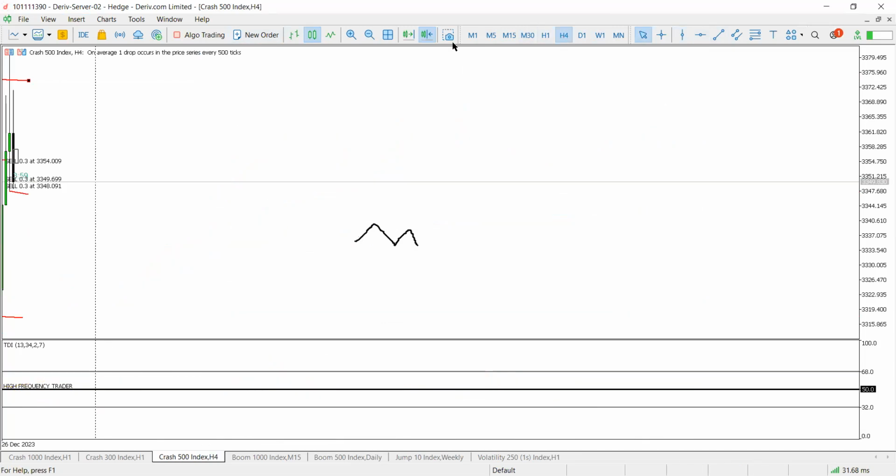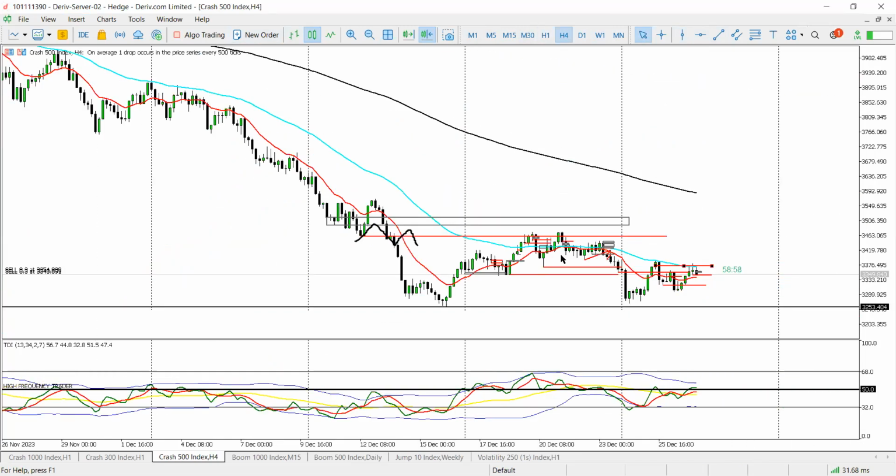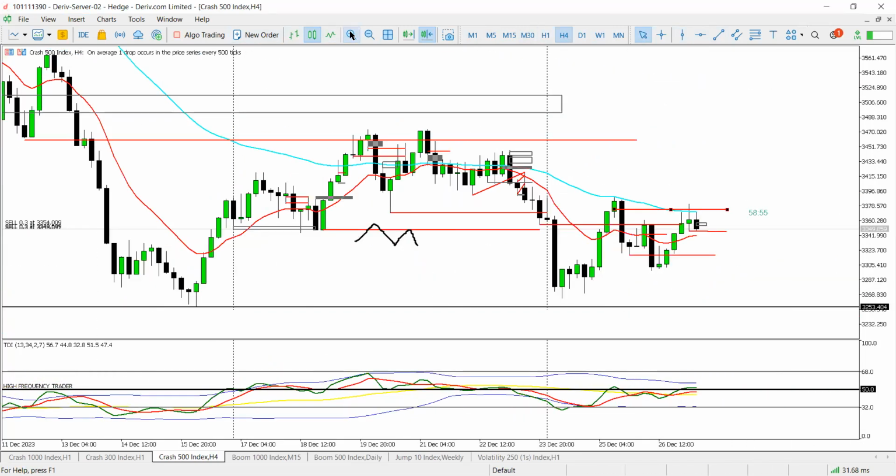Okay, so going back to H4. We've got that rejection of the 50 EMA. So what we need for this to become a high probability setup, we want price to come in close below the 13 EMA. Give us a slight retracement before we continue selling.